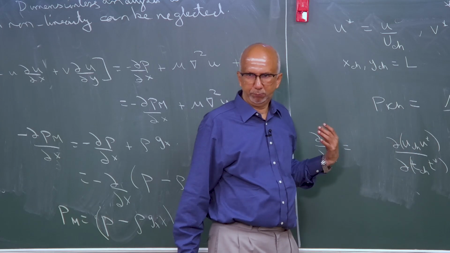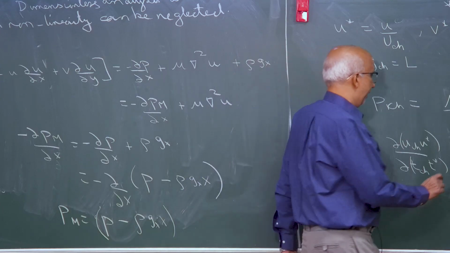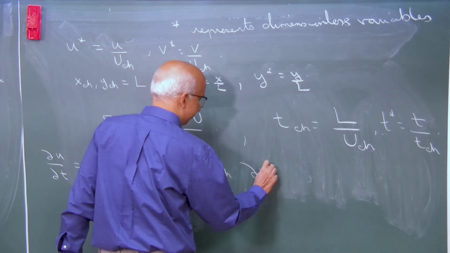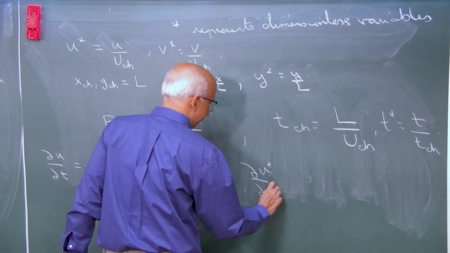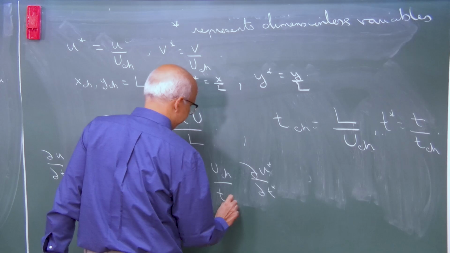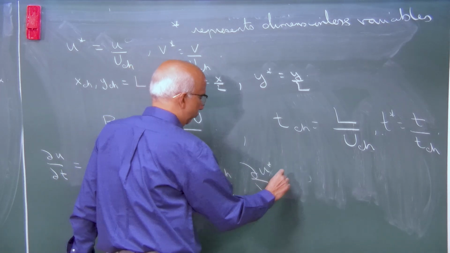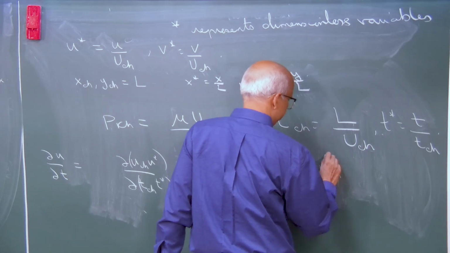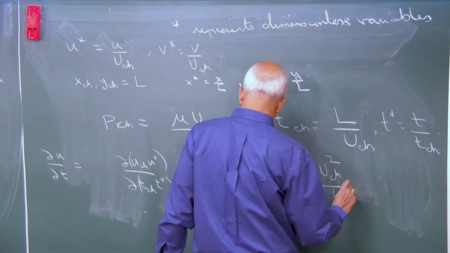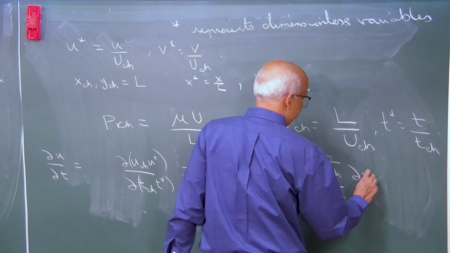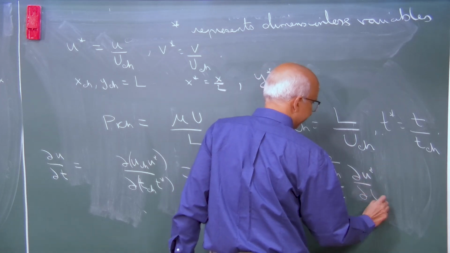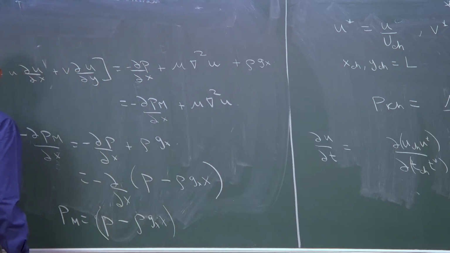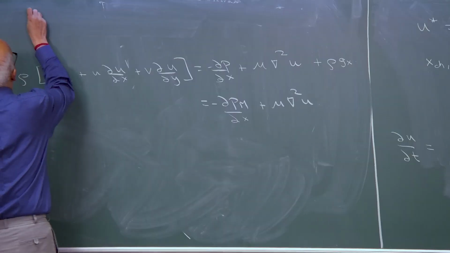So, I can pull it out of my derivative and I get u characteristic times du star by dt star, divided by t characteristic, which is L by u. So, this is u characteristic squared by L times du star by dt star. We need to convert everything to star variables now.